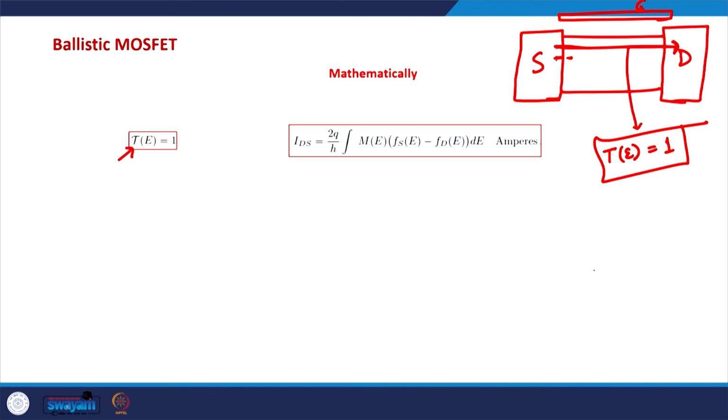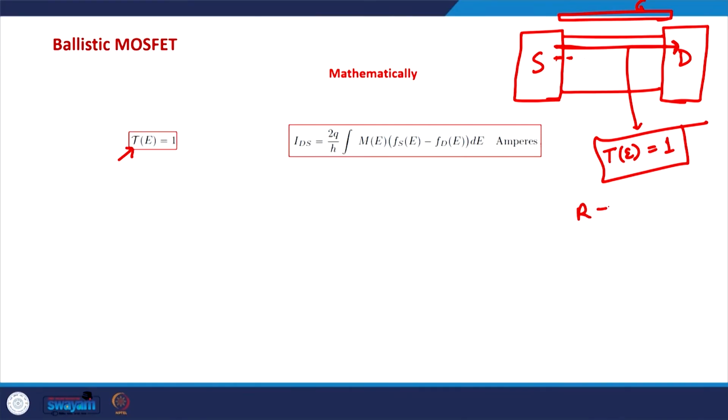All these ideas must be clear, because there might be a false notion that in ballistic MOSFETs the resistance will be 0. That is not the case. The resistance is there because of the interface between the source and the channel and the drain and the channel.